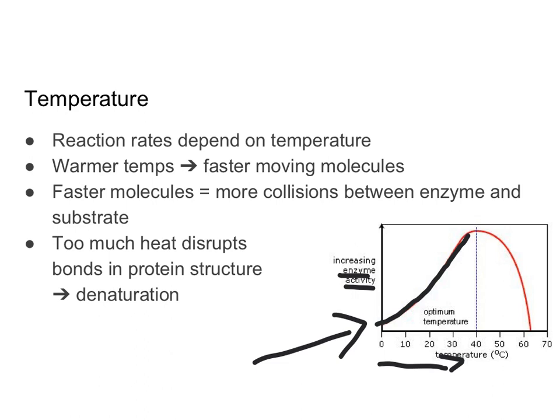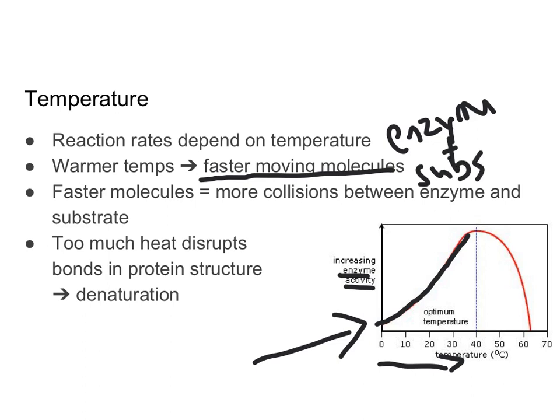Now this makes sense because you can imagine as things get hotter, that means the molecules, more specifically the enzyme and the substrate, are going to be moving around faster, right? And if molecules are moving around more quickly, there is a higher chance that the substrate collides with the active site of the enzyme. So the faster our molecules move, the more collisions we're going to get between the active site of the enzyme and the substrate.